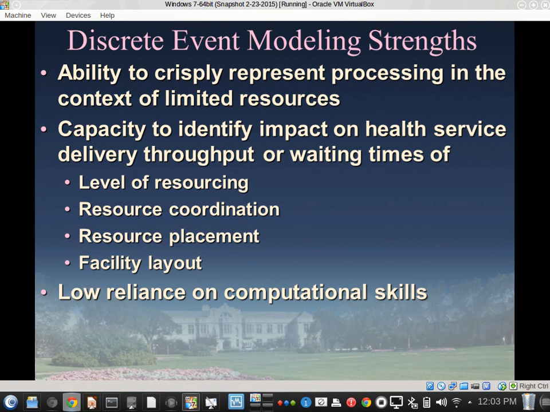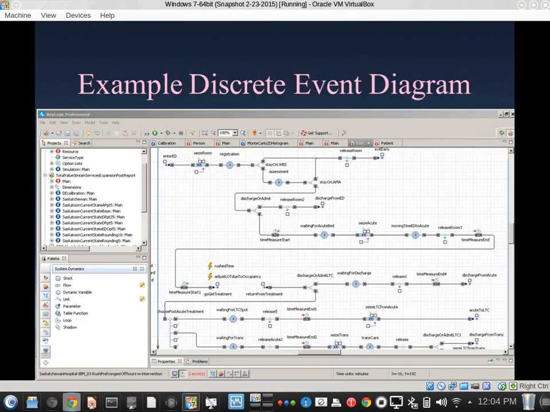Often we have it mapped out in space, and you say, well, if we had this certain pill cart that could be available on this floor separately from that one, how much would that speed things up? It helps us reason about resource coordination, with comparatively low reliance on computational skills compared to agent-based modeling.